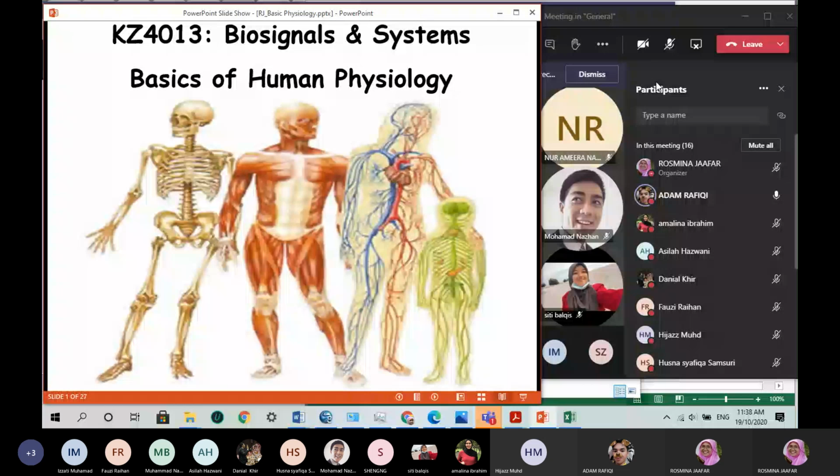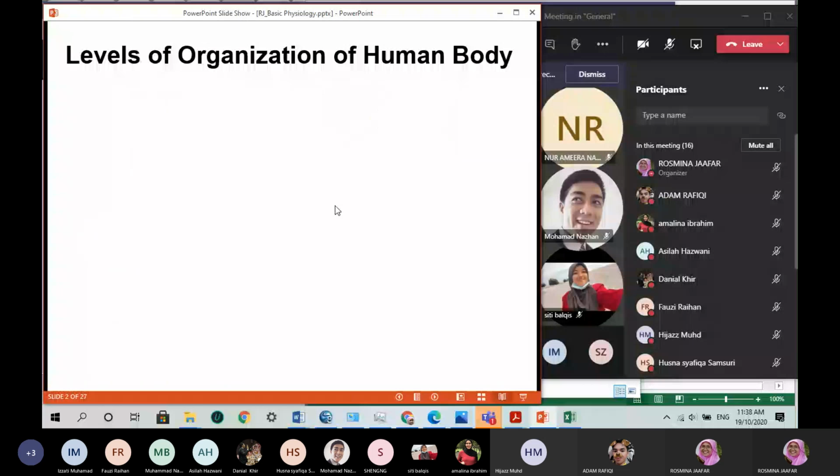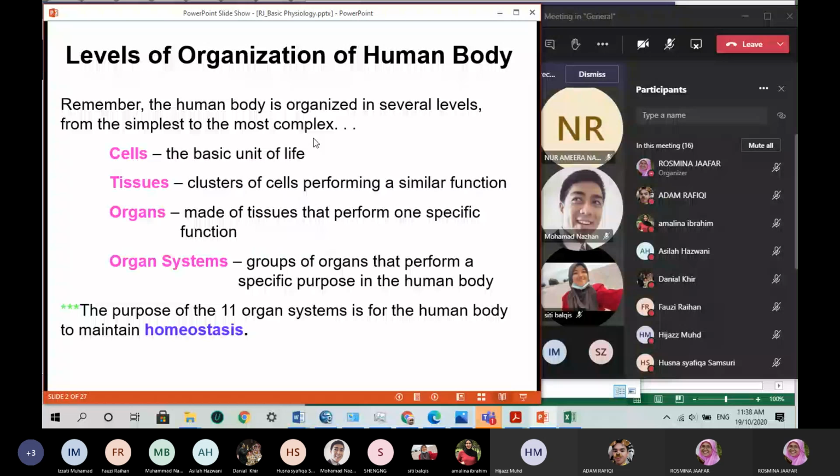In order for us to learn about biosignals, you must have at least some basic knowledge of the human body itself. Despite the complexity of the human body, to simplify things, it is easier if you learn about the human body in terms of its organization.